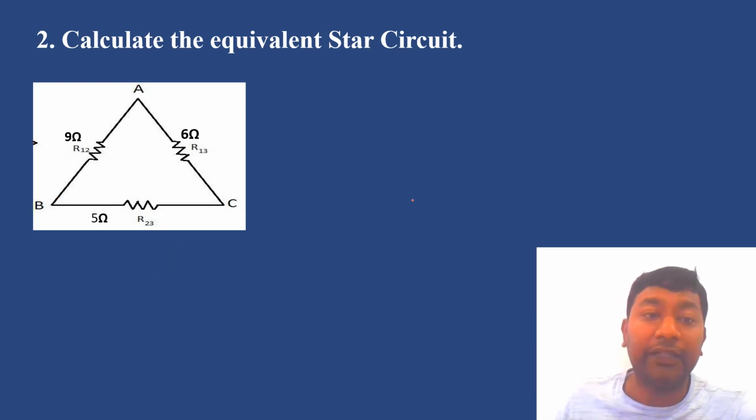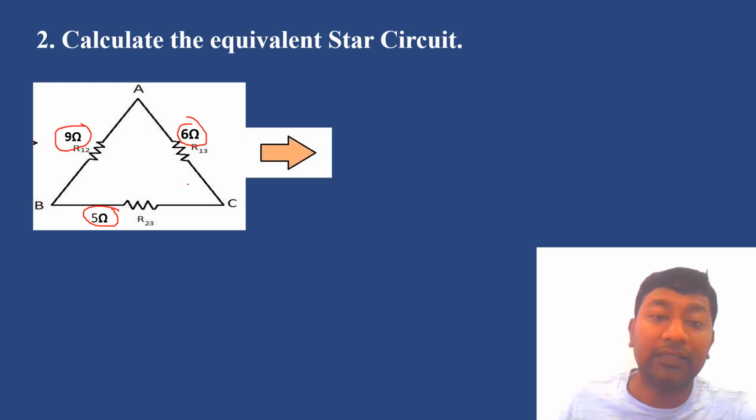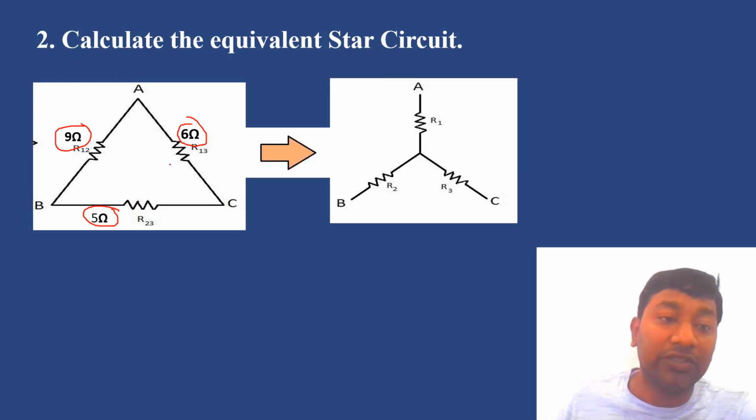Now we will see another problem. Here the resistance values are different: 9 ohm, 6 ohm and 5 ohm. We should calculate its equivalent star circuit. First we will find the resistance R1. R1 is 9 ohm multiplied by 6 ohm divided by 9 plus 6 plus 5.